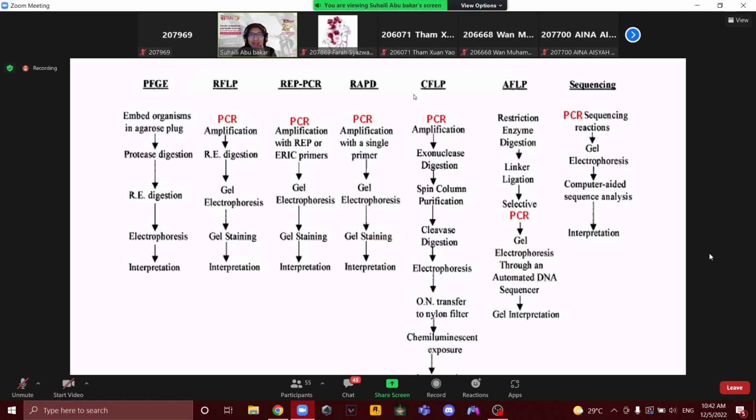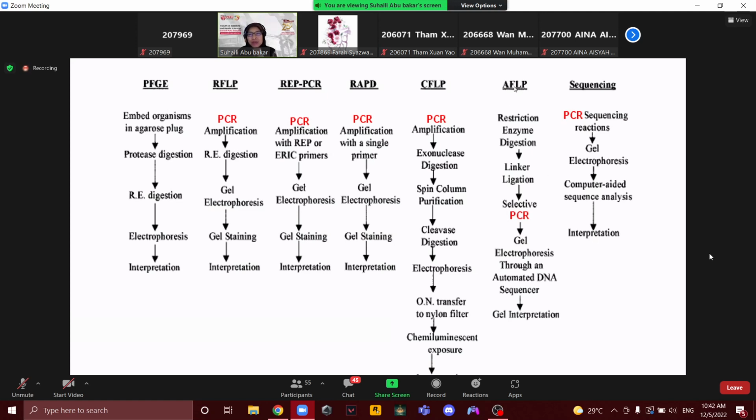Now in more detail, different types of PCR. What are the steps involved, and what you can have after you do the PCR. You can see here sequencing PCR, there is still PCR sequencing reagent. The steps are like this.